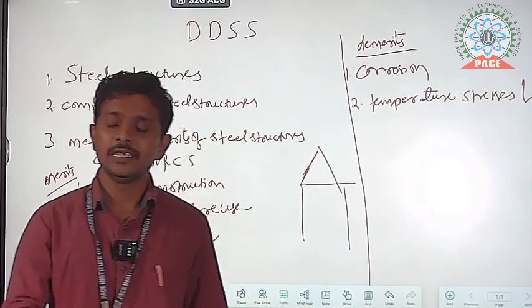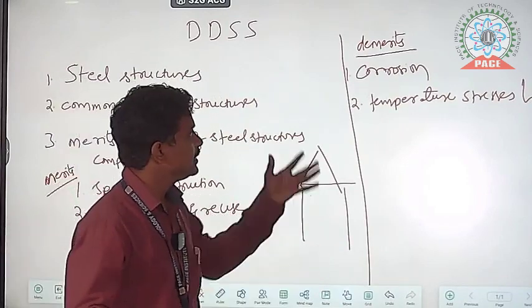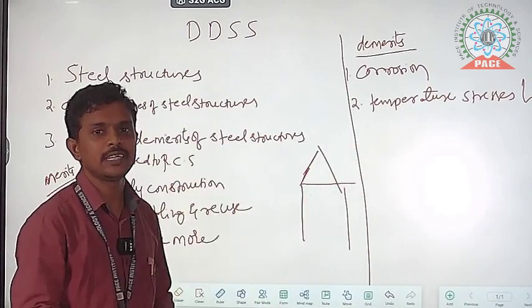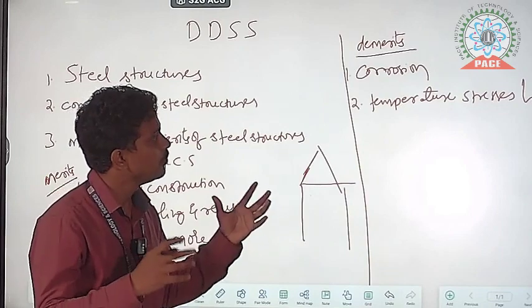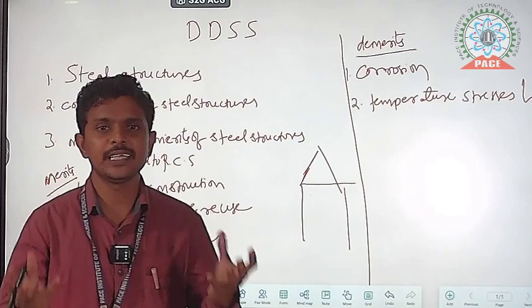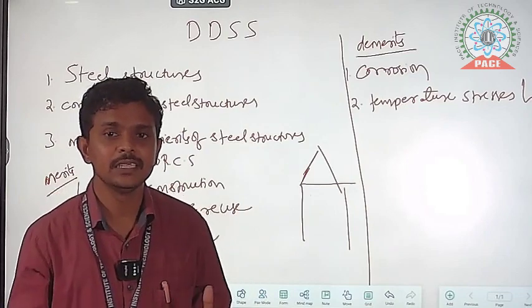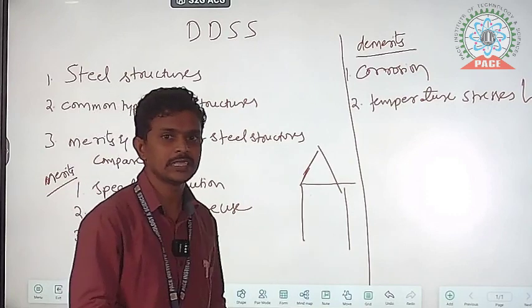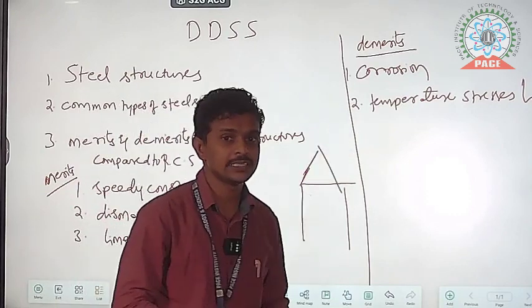So in steel structures more heat will generate. Due to the more heat in the steel structure, some stresses will generate internally. Due to those stresses, a little bit of failure can happen in steel structures. So that is the temperature stresses, also one of the demerits in steel structures.